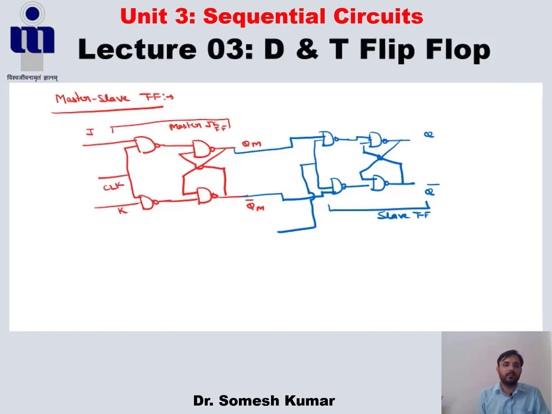And this clock, please pay attention here. In the master slave flip-flop, the two clocks are inverted to each other. Here the clock is given directly, and here a NOT gate is connected to invert this clock. Now please see here.